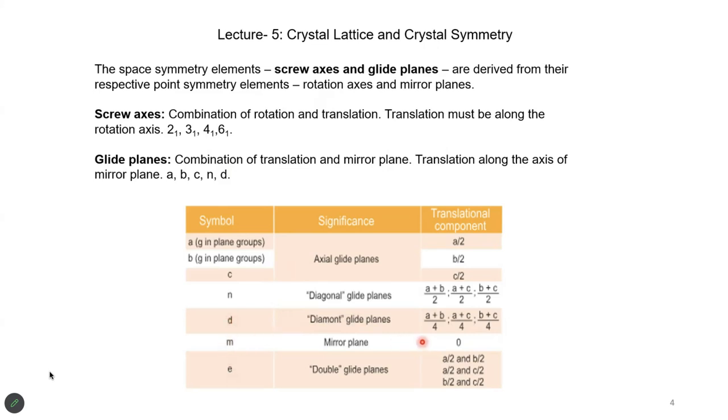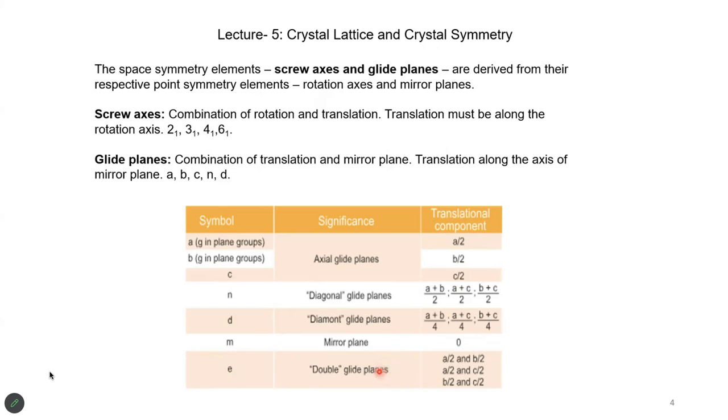Well, this mirror, you know, doesn't have any translational symmetry, but with mirror, if we have translational component, then it becomes glide planes. But double glide planes, we do not consider very much in the normal crystallographic activities.